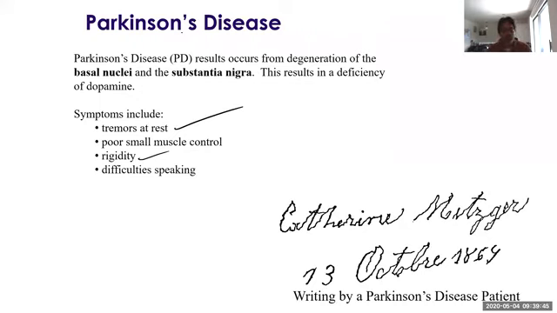So, poor muscle control, difficulty walking, speaking, gait, this is all with Parkinson's disease, which is primarily occurring at the substantia nigra. I'll introduce the basal nuclei later on, but they will also be affected as well. But the substantia nigra is the big guy. With that said, guys, let's move on up to the diencephalon.